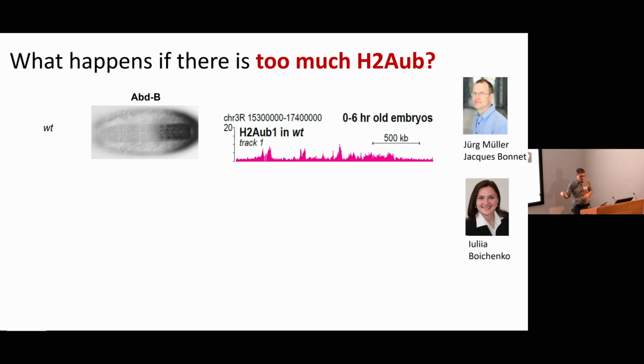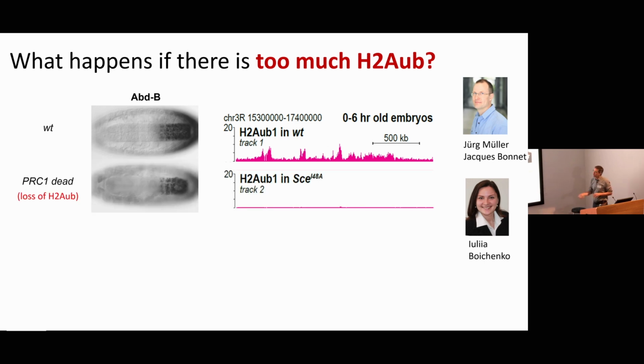Then you can knock out PRC1, and now you get rid of all the H2A ubiquitination in these embryos. If they now stain for a particular gene, abdominal B, that only gets expressed in a certain part of the embryo, even if you get rid of a key part of Polycomb, you still get the proper localization of this gene.